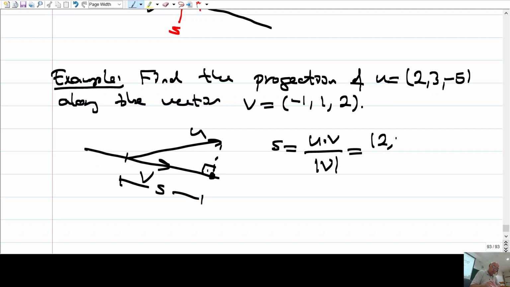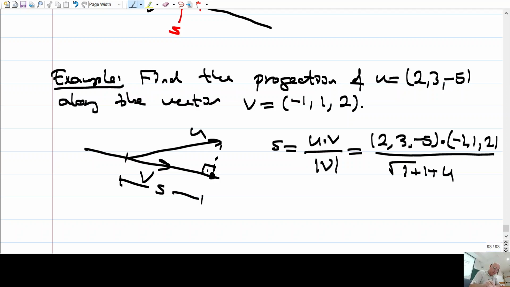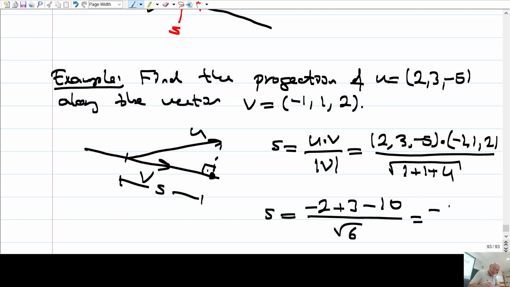So what is this? (2, 3, -5) dot (-1, 1, 2) divided by length of v. Well, it is 1, 1 and then 4, sum of squares of entries. So this is minus 2 plus 3 minus 10 divided by square root of 6. So this is minus 9 over this.